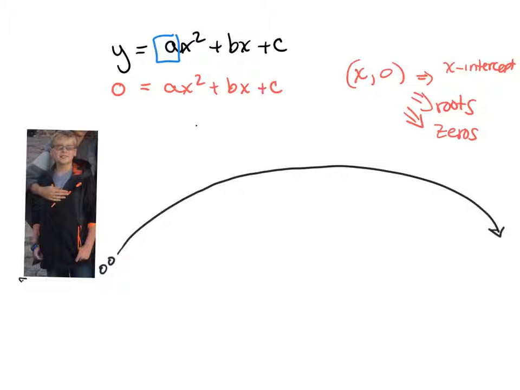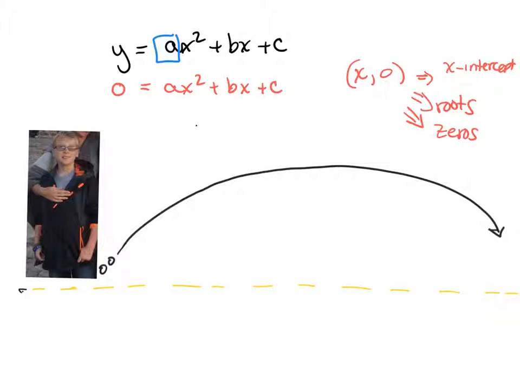We know that if this is the ground, the parabola, and I apologize for my unstraight ground, but let's just make believe that that's straight ground, the ball would reach its maximum height before it starts getting pulled back down by gravity. It would reach its maximum height at this point right here.